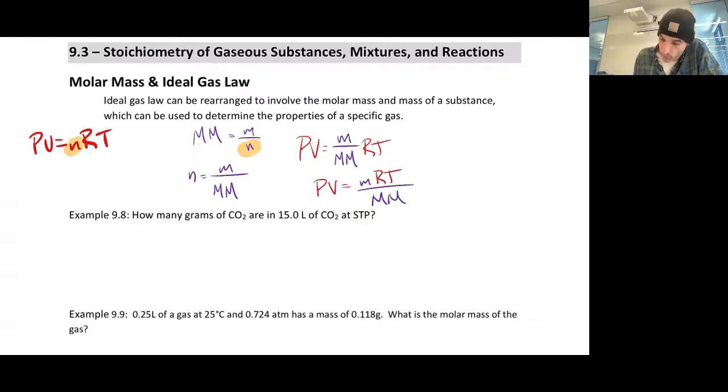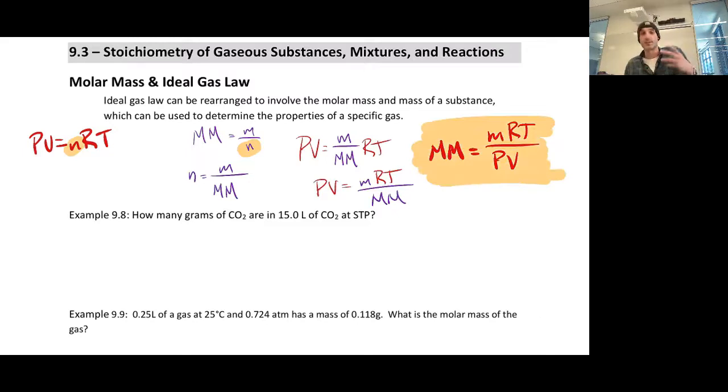If I solve for molar mass, my final equation is molar mass is equal to mRT all over PV. This is going to allow us to calculate things based on their molar mass.